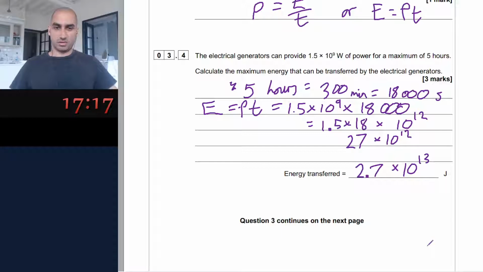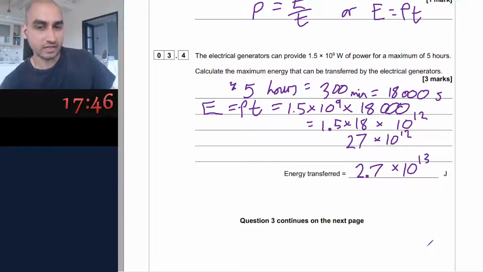Is that too much? Maybe that's right. What unit of energy is normally used? Kilojoules, right? But that's a lot of kilojoules. Let me go through this calculation again. 5 hours, 300 minutes, 18,000 seconds.